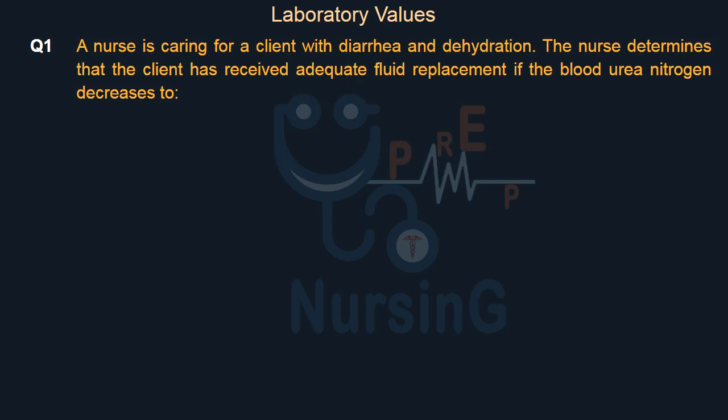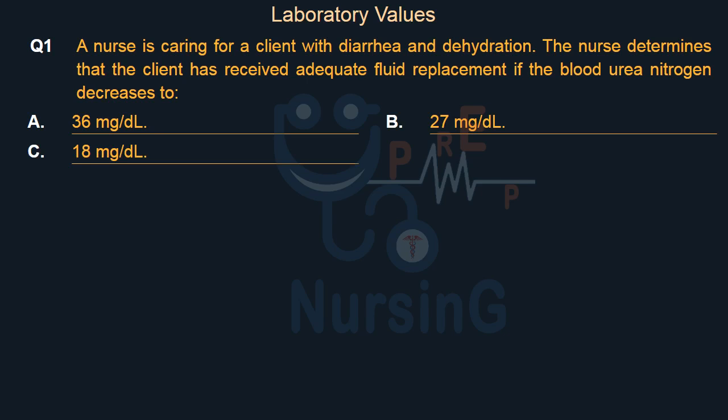Laboratory values. A nurse is caring for a client with diarrhea and dehydration. The nurse determines that the client has received adequate fluid replacement if the blood urea nitrogen decreases to: Option A, 36 mg/dl. Option B, 27 mg/dl. Option C, 18 mg/dl. Option D, 6 mg/dl.